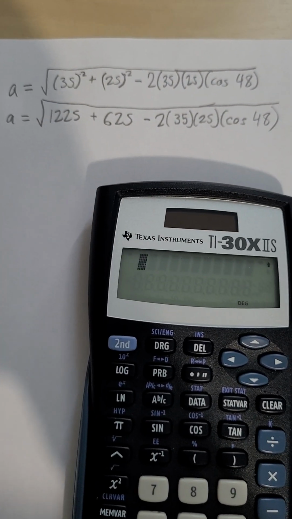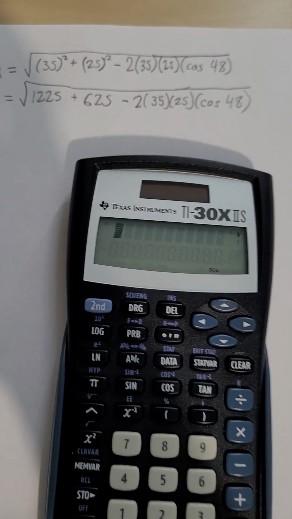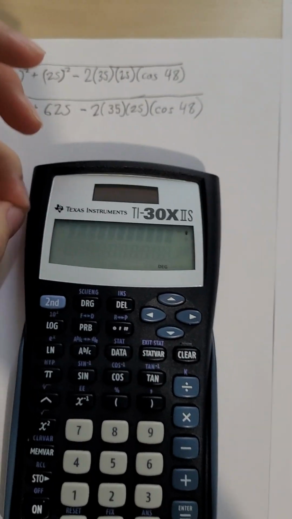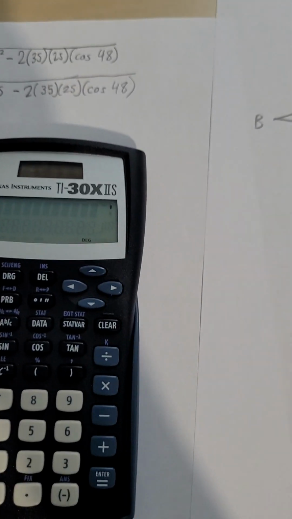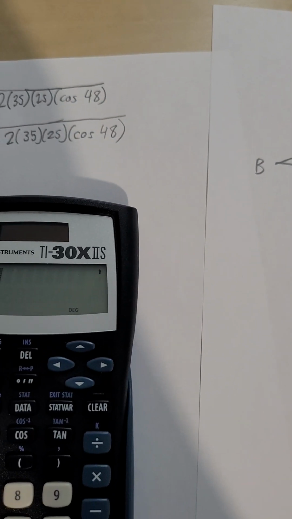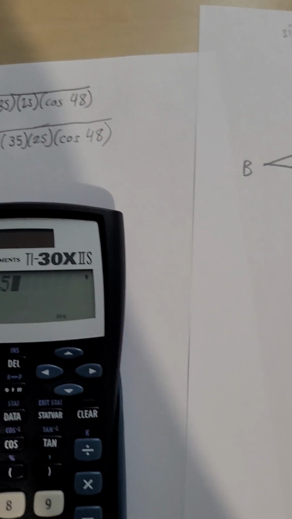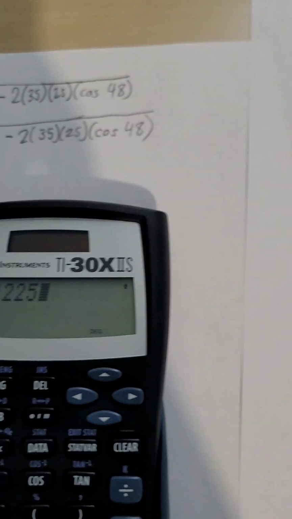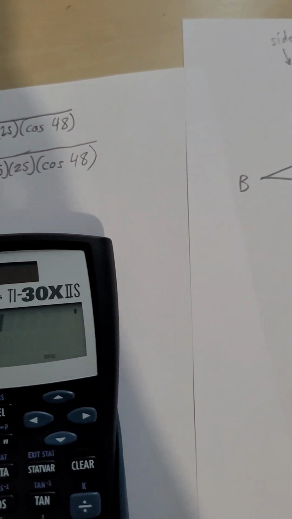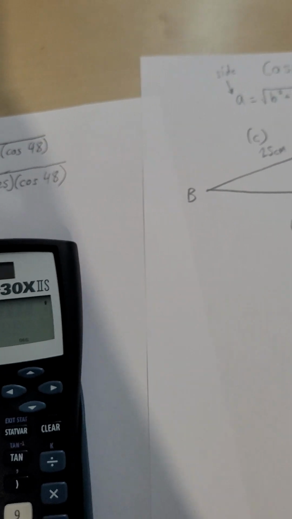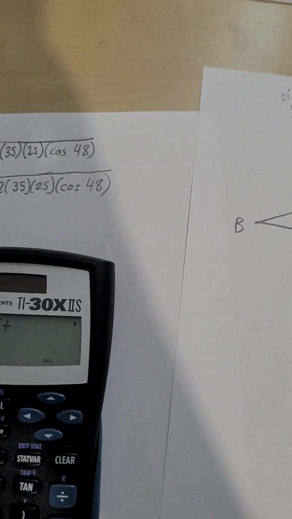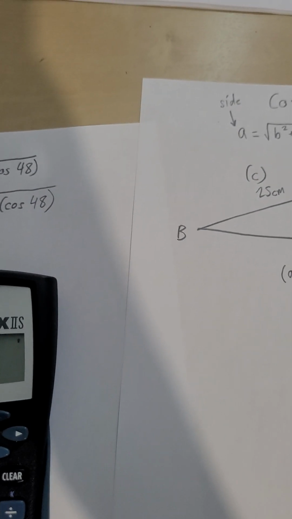As we know, BEDMAS follows certain rules, so what I usually like to do with a problem like this is put brackets around the first addition problem, and we're going to have to do that when we find a missing angle, because that will be very important. I'm not sure if you need to do it now. You could try it out, see if it gives you the same answer, but whatever. And then you can do plus 625.